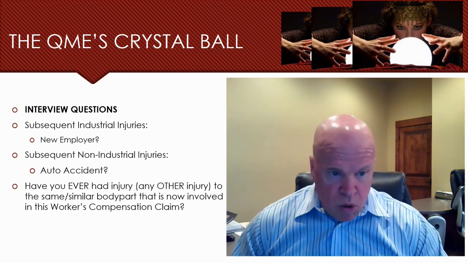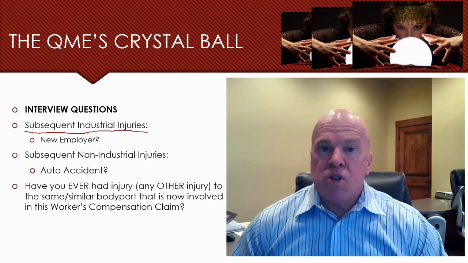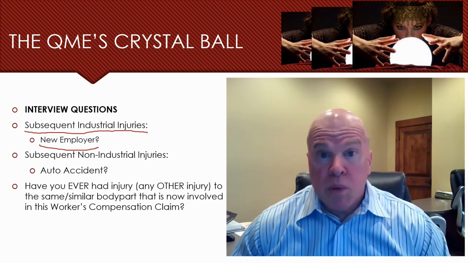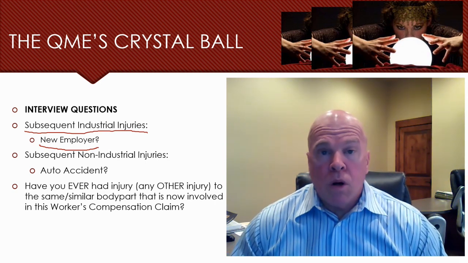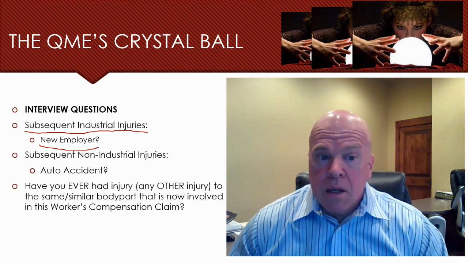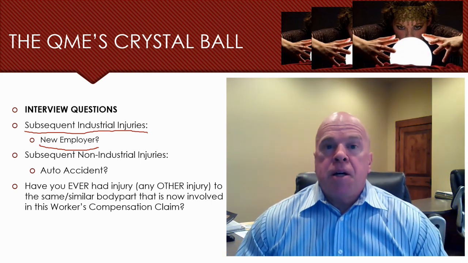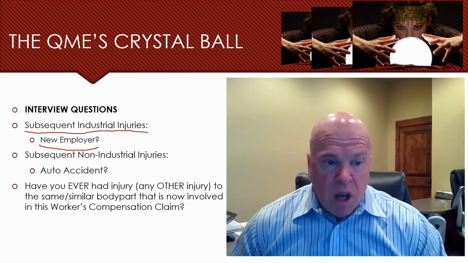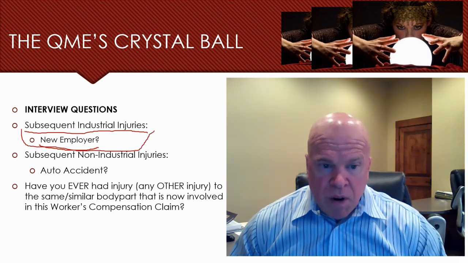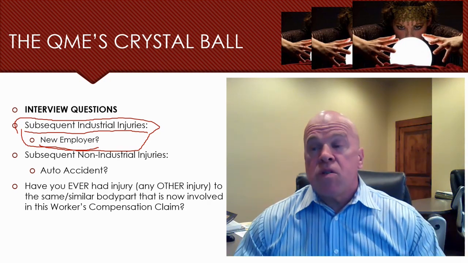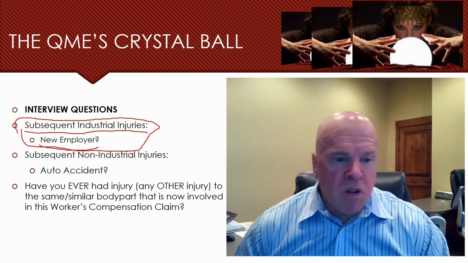So you'll pursue any subsequent either specific or cumulative trauma injuries, either with a new employer or subsequent injuries perhaps as a self-employed person. You're going to want to pursue 100 different questions here regarding the incidents and events subsequent to the claim for industrial injury.